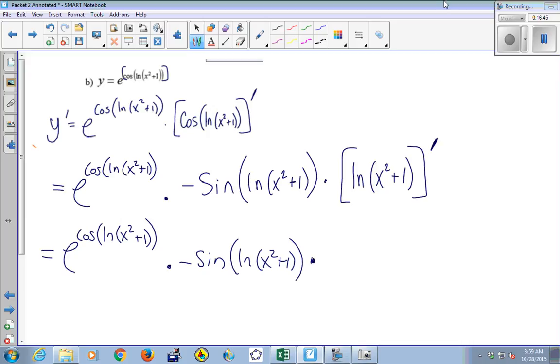So now my outside function, this guy I'm trying to take the derivative of, its outside function is ln. Inside function is x squared plus 1. What's the derivative of the ln of some stuff? 1 over the stuff. So this is going to be 1 over x squared plus 1. Then I still have to multiply by the derivative of the stuff. So I have to multiply by the derivative of x squared plus 1.